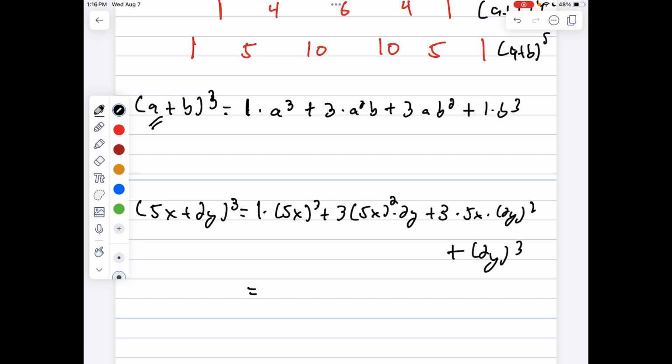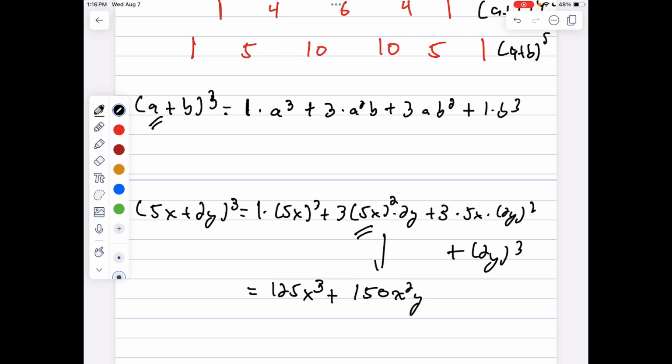If you calculate this out, 5x to the third is 125x to the third. 5x squared is 25x squared, times 3 is 75, times 2 is 150x squared y.